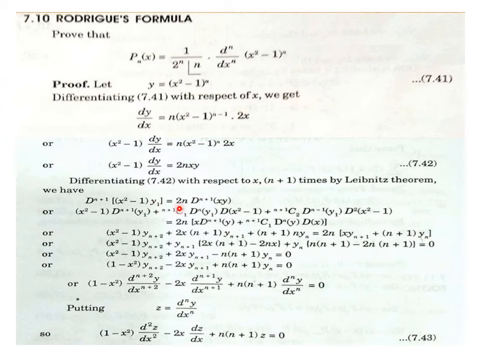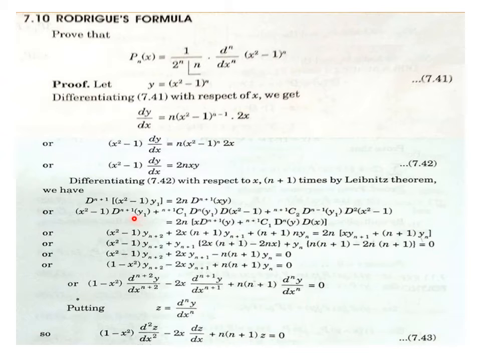So the product rule of 2 is generalized here through Leibniz theorem: x square minus 1 remains invariant, that is, one of the factors remains invariant, and d n plus 1 is applied over the other factor, say y1, plus n plus 1 c1, because it's n plus 1 times differentiation, that's why it's coming there through Leibniz theorem.